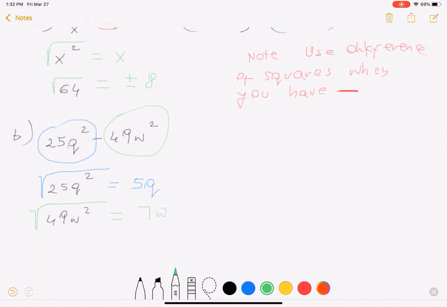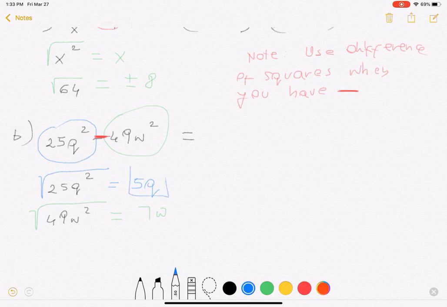Okay, so while I'm taking the square root, I'm doing the second power, so now I know how to factor the difference of squares right here. And again, I know that I can use the formula a squared minus b squared because I have that minus. So when we took the square root of 25q squared, we ended up with 5q.